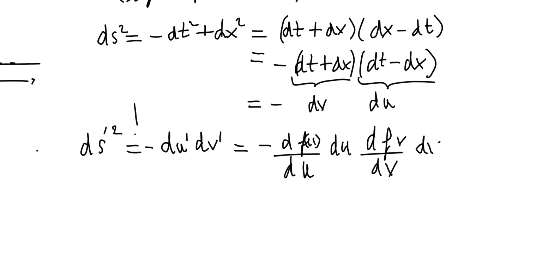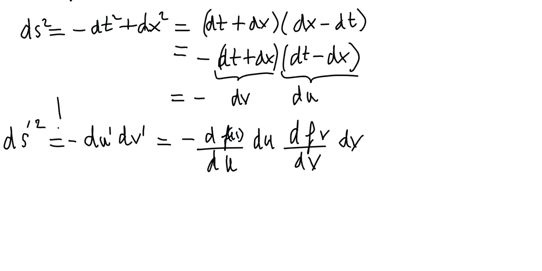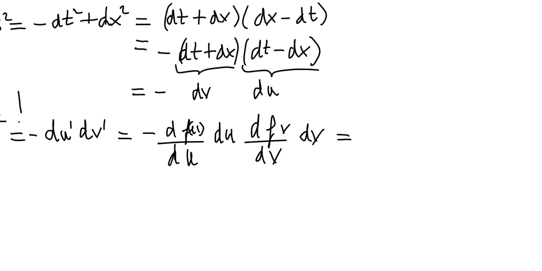Okay, and there we see that we have minus du dv, so this I can write as minus ds square, because it's the result we just found before, and we are left with df of u over du and df of v over dv, and this is just a function of the coordinate that we can write phi of x mu, so a function of the coordinate square. So we just check that light rays would be mapped onto light rays. Good.